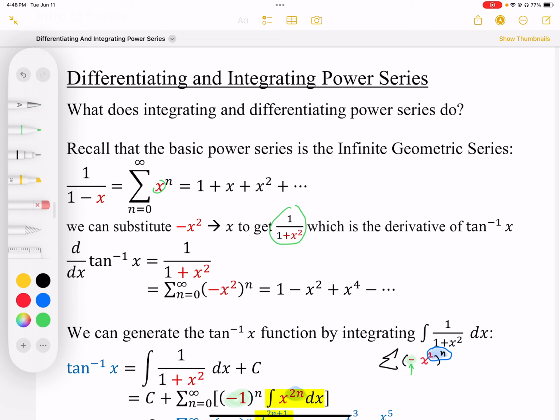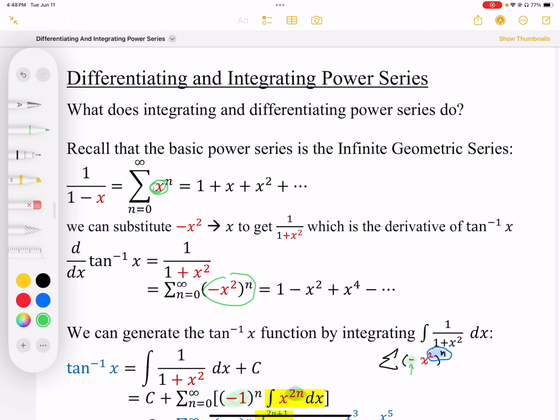And we can also plug that negative x squared into the series as well. So when we plug it in here, it looks like this. Well, what does that generate then? It generates 1 over 1 plus x squared, which happens to be the derivative of arctan. And the expansion is just going to be negative x squared to the power n, and that just becomes negative 1 to the n times x to the power 2n.